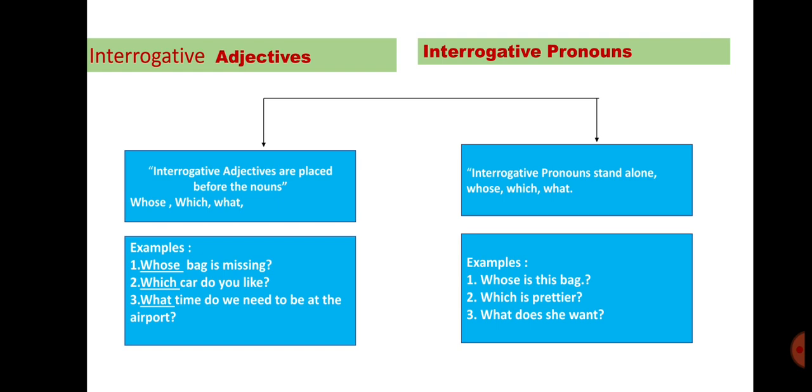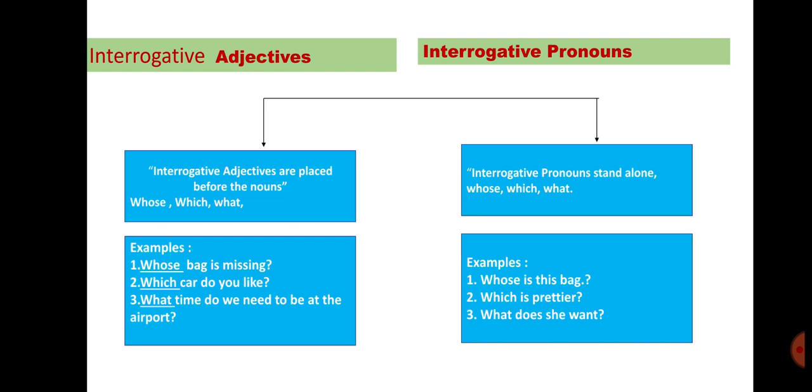Here I am telling you the difference between adjectives and pronouns, so that you are all clear with the difference when we learn the pronouns topic. Interrogative adjectives are placed before the noun and they are whose, what and which, whereas interrogative pronouns stand alone.